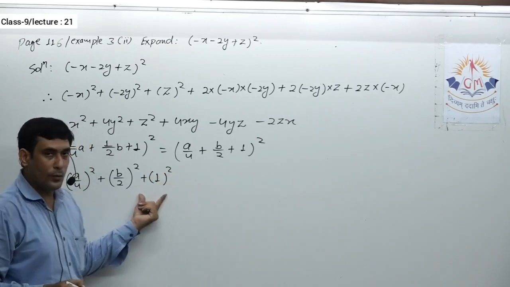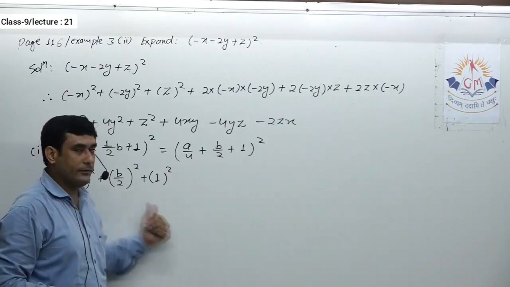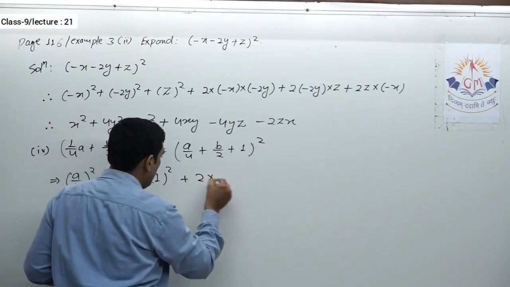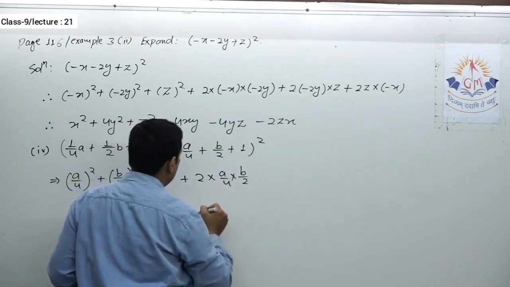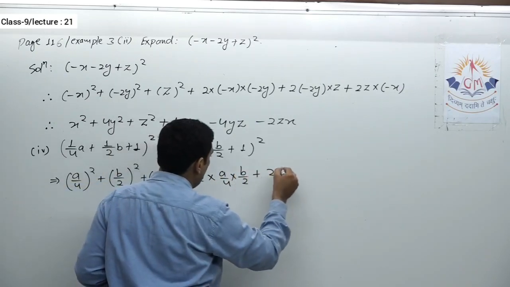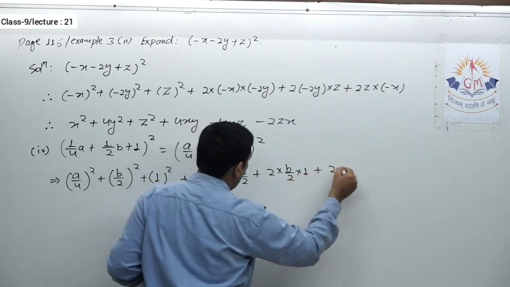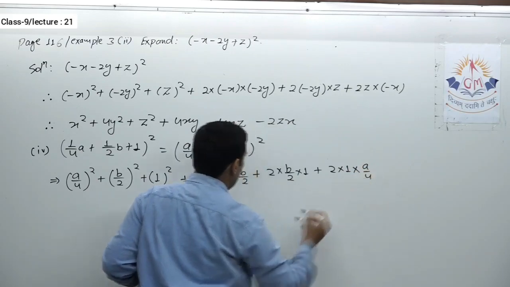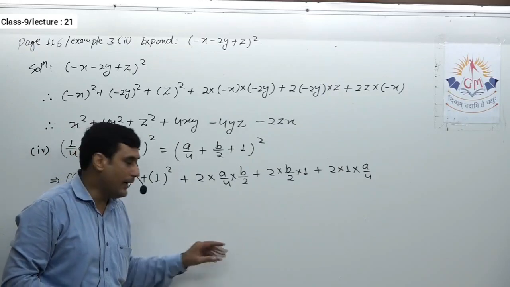This was not required to write, but as I am applying the identity, that's why I am writing in this manner. Then plus 2 into a into b plus 2 into b into c plus 2 into c into a. I just kept the values according to the identity.